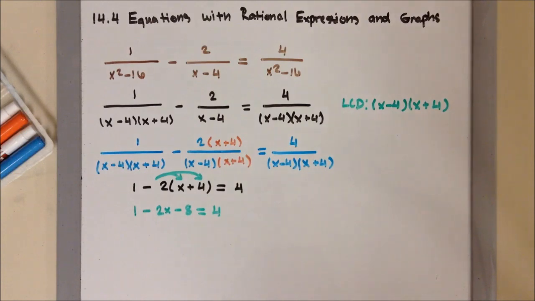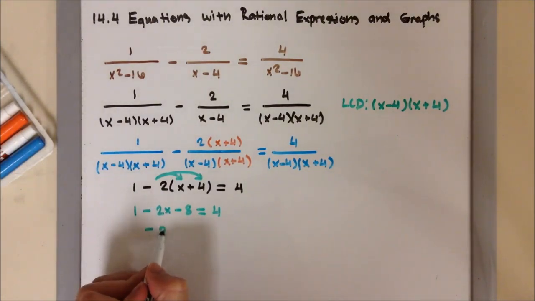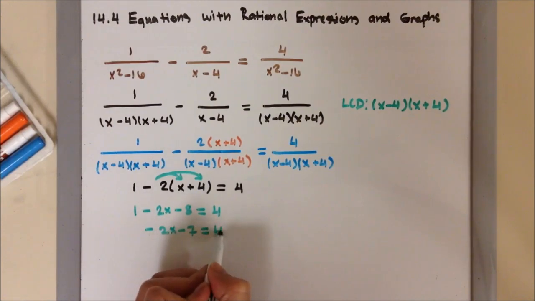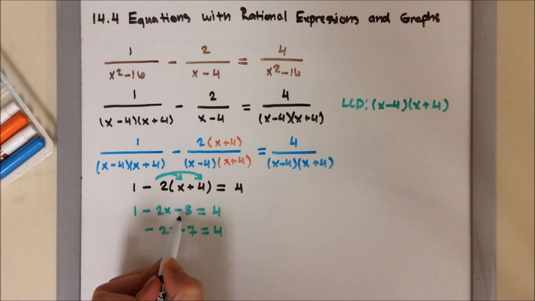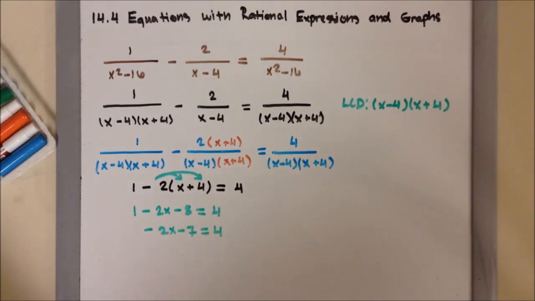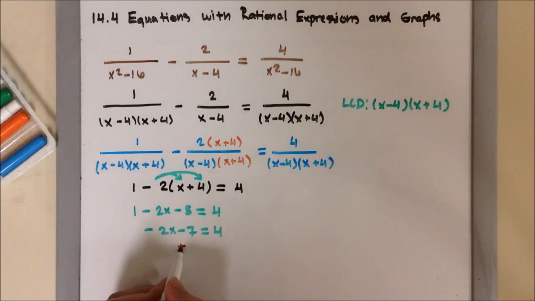Then we're going to combine like terms. So we get negative 2x minus 7 equal to 4, because I combined 1 with minus 8 and got minus 7. From there, I'm going to add 7 to both sides so that I can get negative 2x by itself.